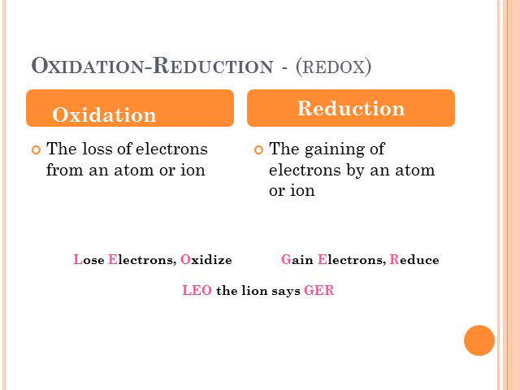And for reduction, gain of electrons, reduced, we use GER. And so Leo says GER, which I think is a nice biological way to remember it. If you've learned it in chemistry, you may have also learned OIL RIG, which is another way that people can easily remember. But I like Leo the lion says GER better.